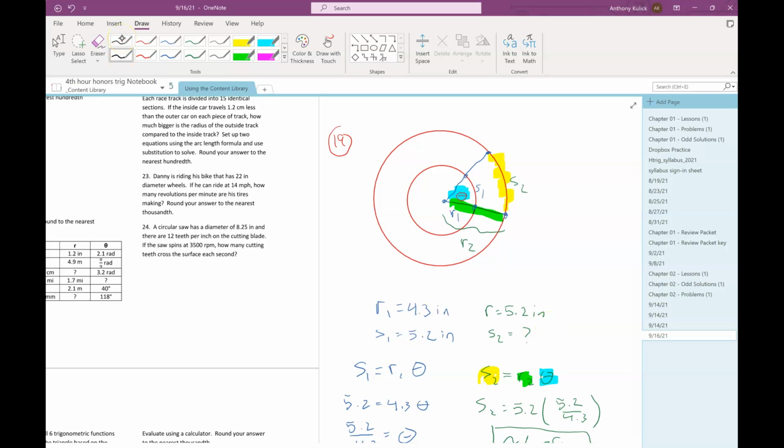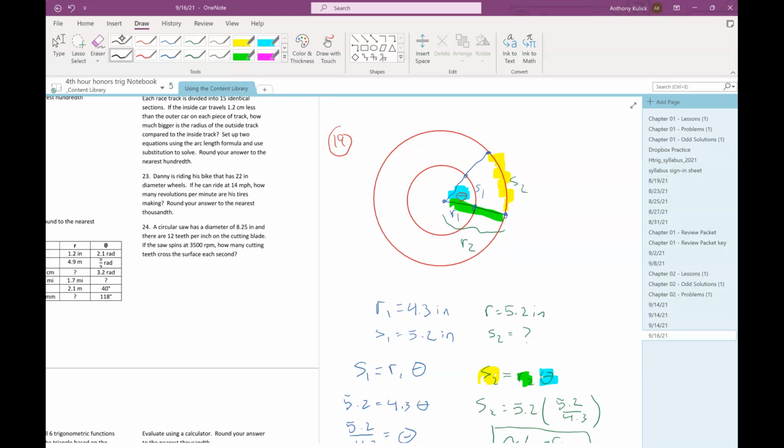It's basically just a way to prorate the circumference of a circle, right? The circumference of a circle is 2 pi r. If you don't want the entire circumference, you're just going to say, okay, what's the central angle formed by that section that I want the circumference for?